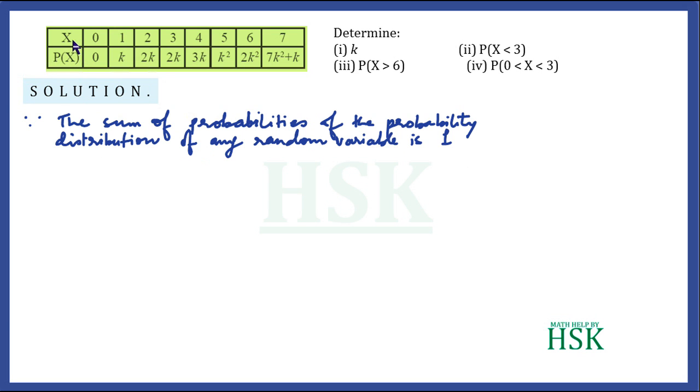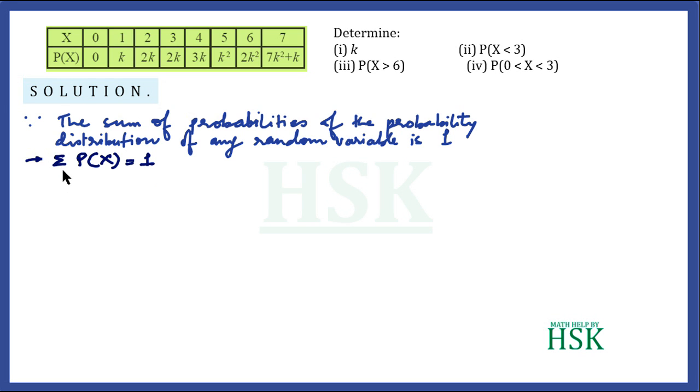So this is the probability distribution of X, and in this, P(x) represents the probability of X. If we take the total of all these probabilities, when X is equal to 0, when X is equal to 1, that is, 0 plus k plus 2k and so on up to the last probability, that is the probability when X is equal to 7, the total would be equal to 1. That is, the summation of P(x) should be equal to 1.